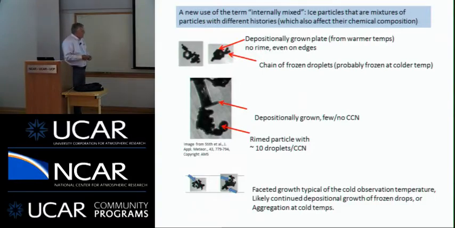So the likely situation here is that these were formed fairly close to the temperature where we found them, or they may have also developed some facets as the particle encountered some additional supersaturation. So some of this is speculation, but you can see quite a lot by observing the morphology in this manner. So the idea of an internally mixed and an externally mixed particle is kind of central to thinking about what's in the cloud.